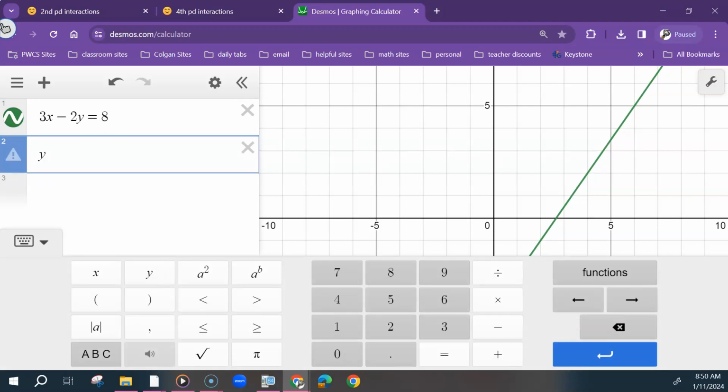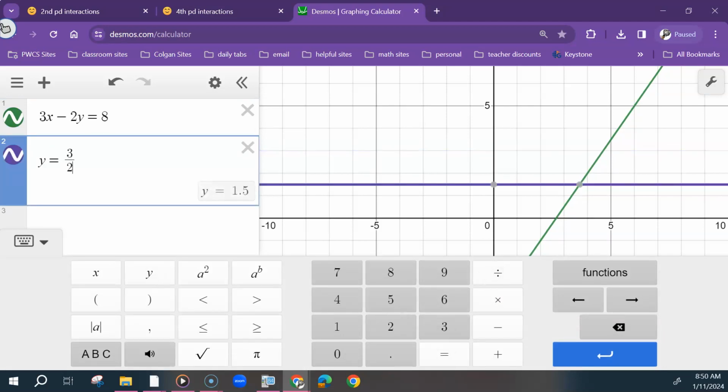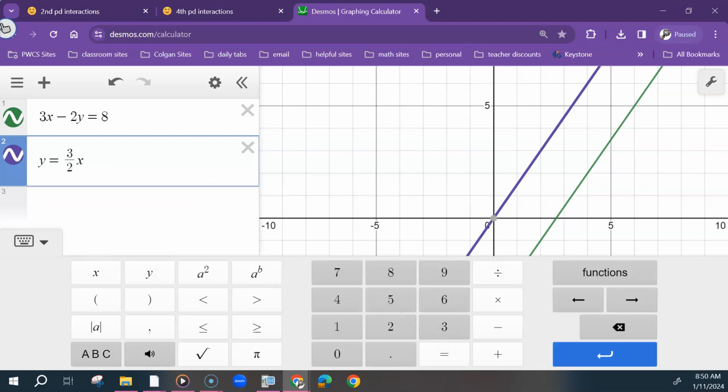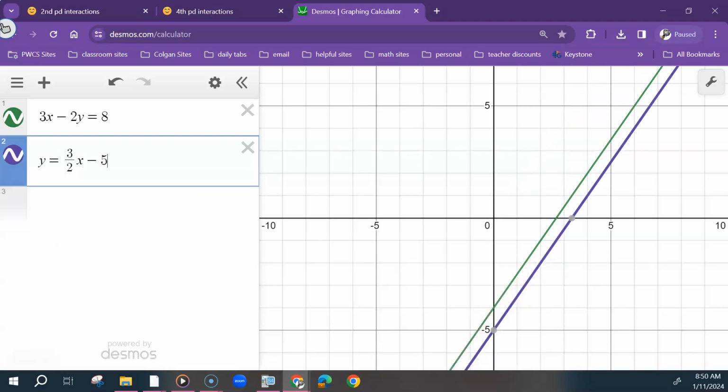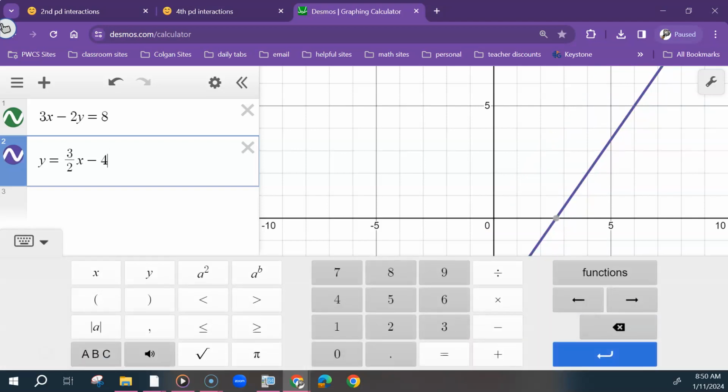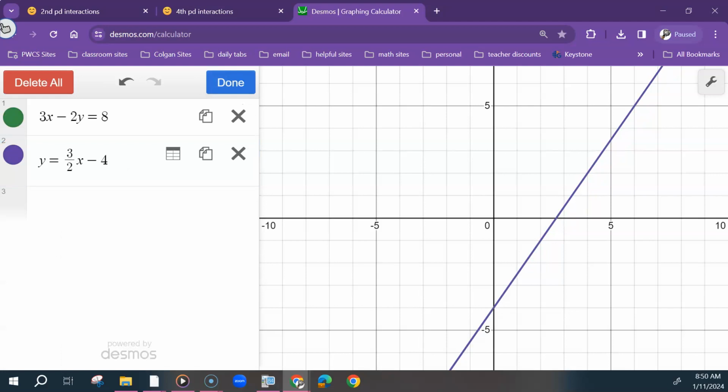And if they overlap, then I know I did that right. And they do overlap. So that would be a good way to check yourself in Desmos.